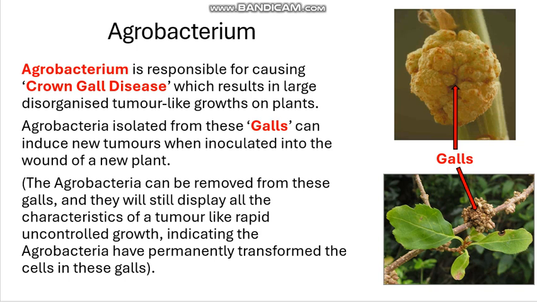Okay, so we're getting towards the end of the module now. We've covered a lot about the genome and about medical conditions and how we can use genetic technologies to fix them.